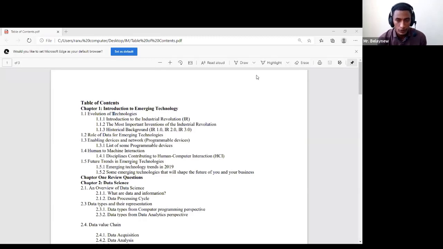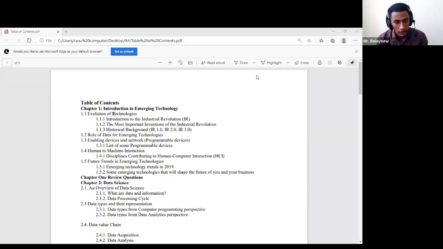Actually, the main purpose of a computer is what? Converting data into information. Data is input for a computer, and information is output from a computer. So we will see this in the human-machine interaction part.